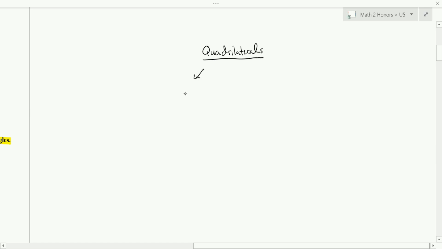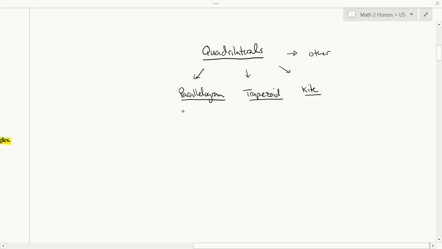You could be looking at a parallelogram, a trapezoid, a kite, or just something else, but other. The three categories that we're looking at in this class are the parallelogram, the trapezoid, and the kite.